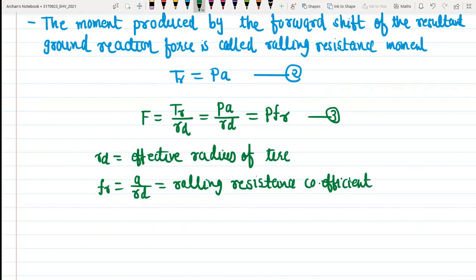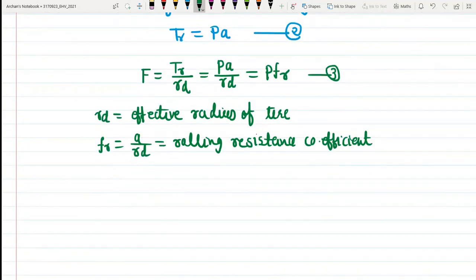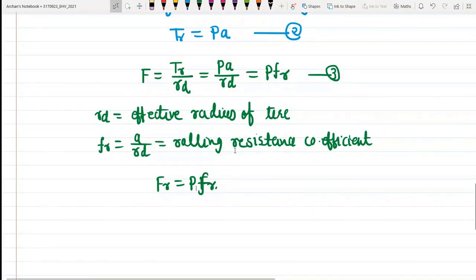And this equivalent force will be called rolling resistance, with a magnitude of Fr equal to P times fr.